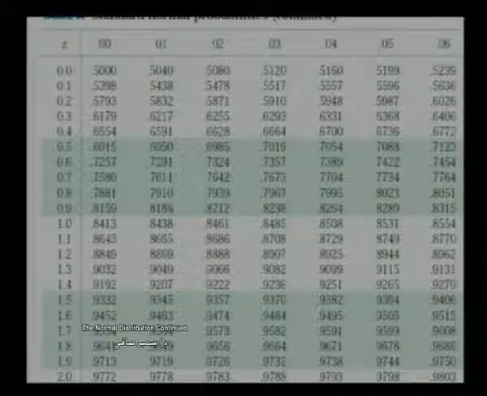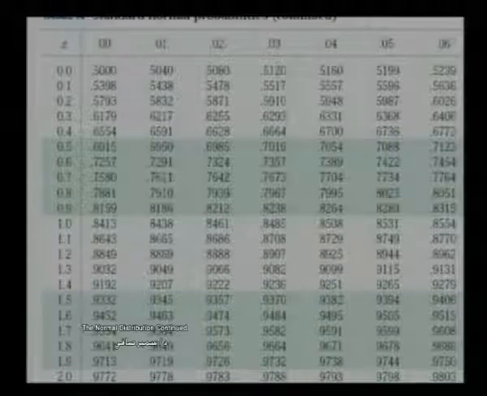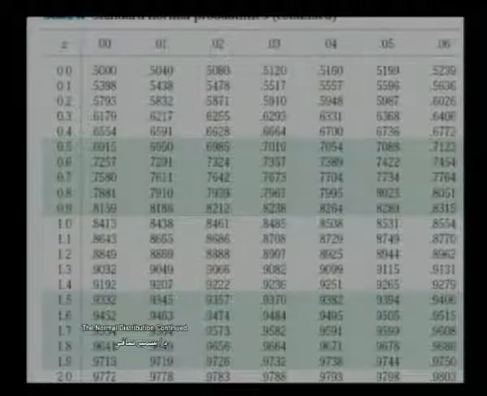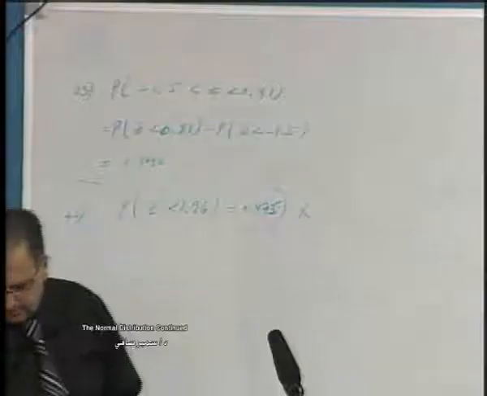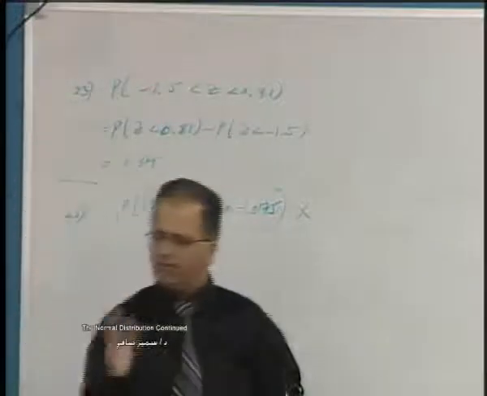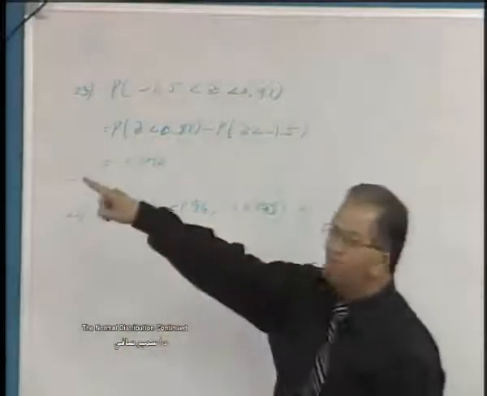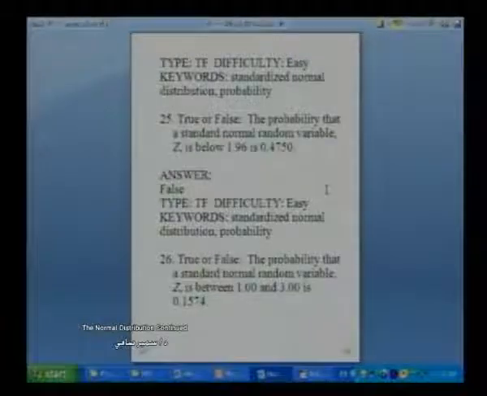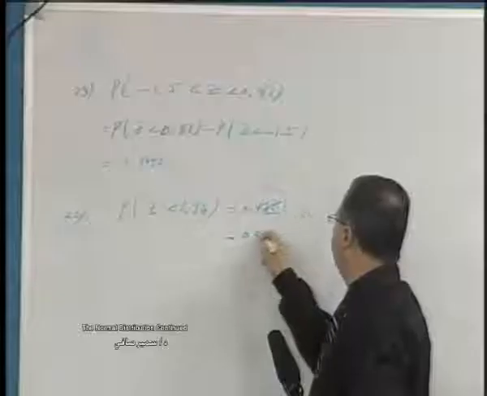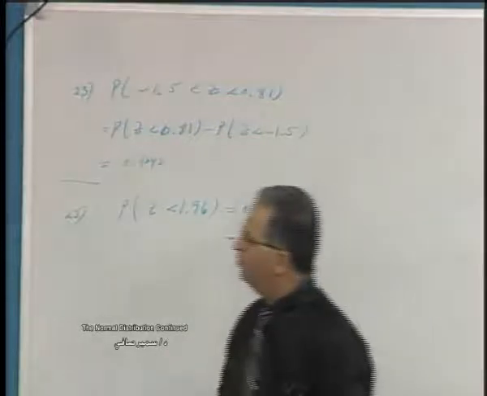It mentioned that it's 0.475, so this one is false, because the area to the left of 1.96 is not 0.475. It's equal to 0.975. That's for 25.